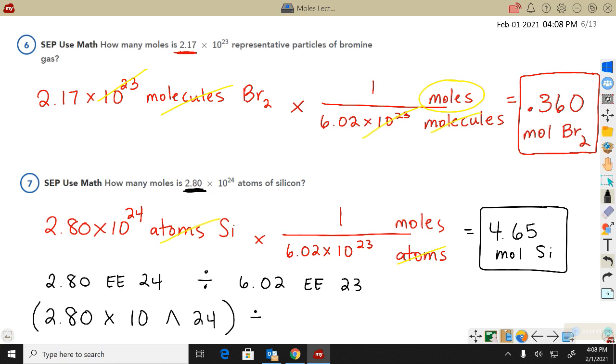Then I can go divided by, and then same thing, 6.02 times 10 caret 23, but you got to put it in parentheses. All right, try that and see if you get the 4.65.